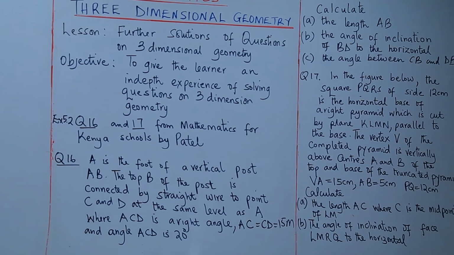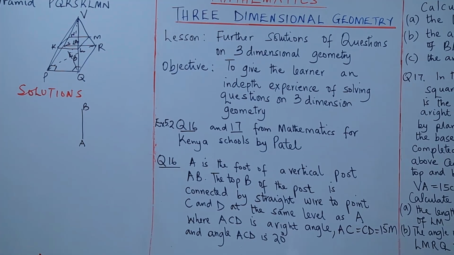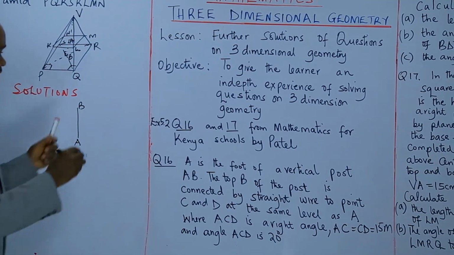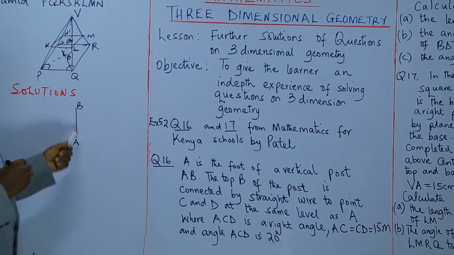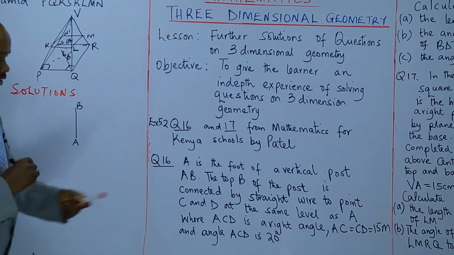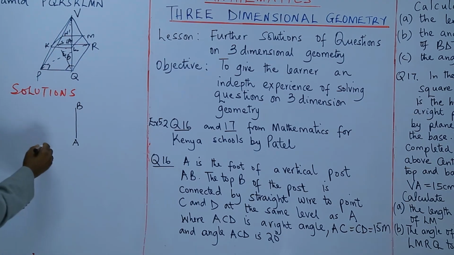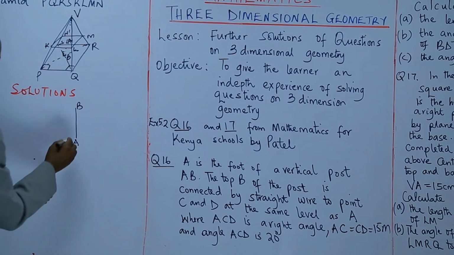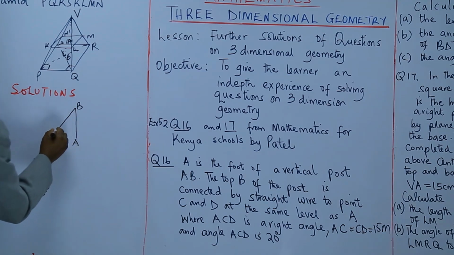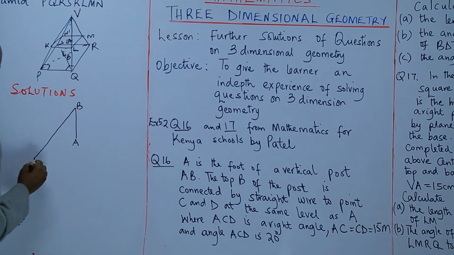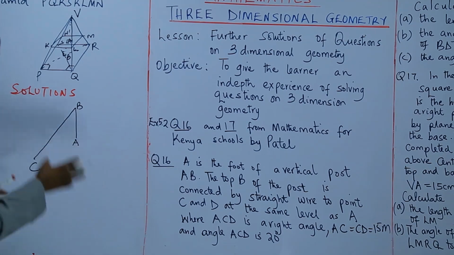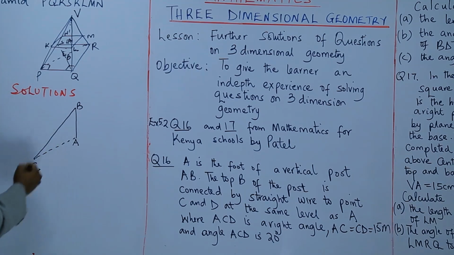So you go to solutions. The foot is A, the top is B. That's why they are calling it AB. The top is connected to two points. I can assume my first point is here, connected to C at the same level with A, by straight wire.